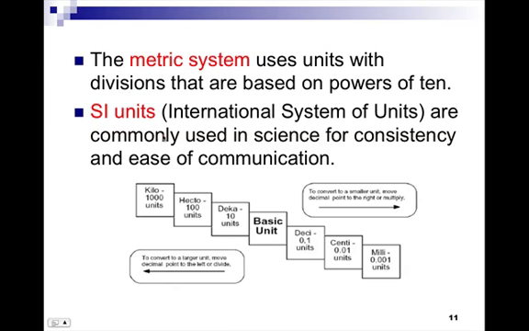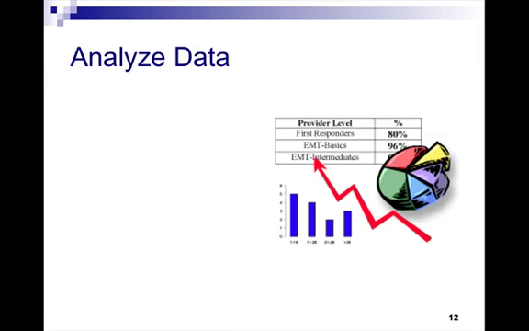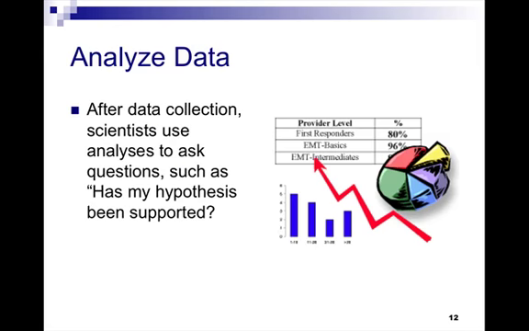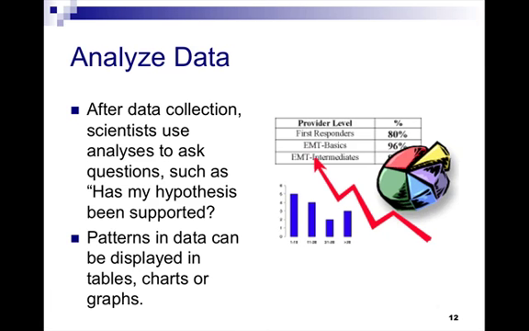Okay, so once we have collected our data, the next thing that we need to do is analyze our data. So after data collection, scientists use analysis to ask questions such as, has my hypothesis been supported? And what scientists look for are patterns in the data that can be displayed in tables, charts, or graphs.